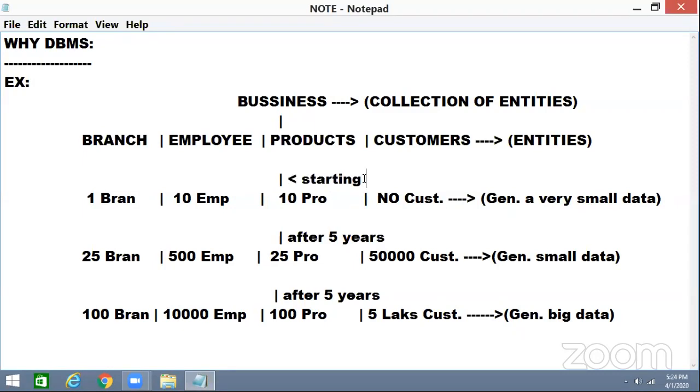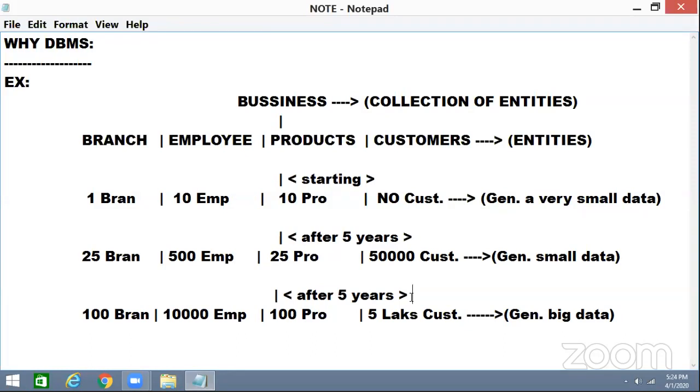After 5 years, my business will increase like this, and again after 5 years, my business will increase like this. So every 5 years, if you compare your business data, the business data will increase.